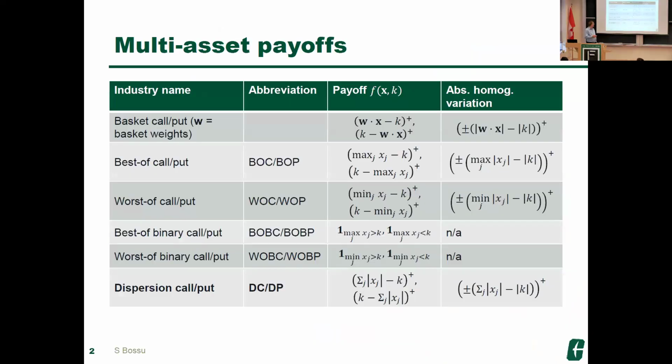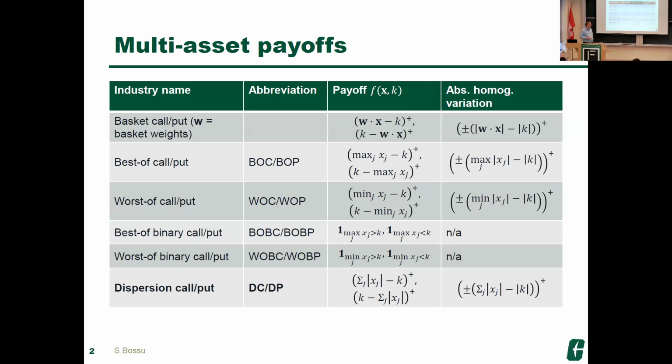I talk about multi-asset payoffs, and I come from industry, so I saw a number of these payoffs trade. From most liquid to least liquid, you have a basket call or put, which can be written as the dot product of basket weights and X, a price vector or price ratio from final price to initial price, minus some constant strike K, positive part, and that's for a call.